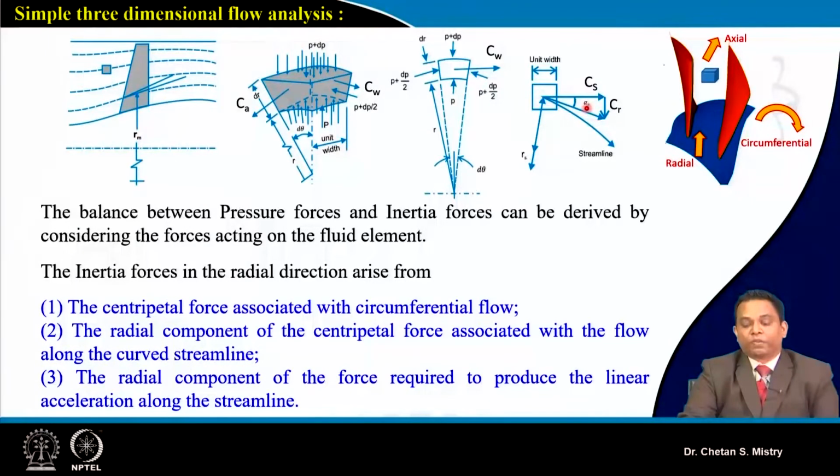It's a curved streamline along which we have one component for centripetal force. We also have a radial component of force associated with producing a linear acceleration along the streamline. That represents my linear acceleration component.